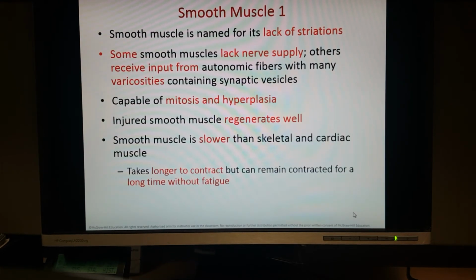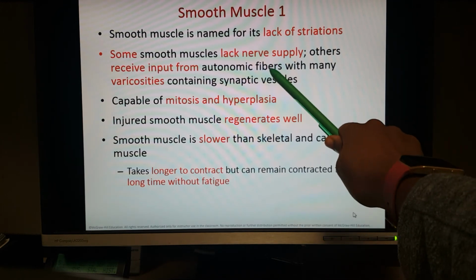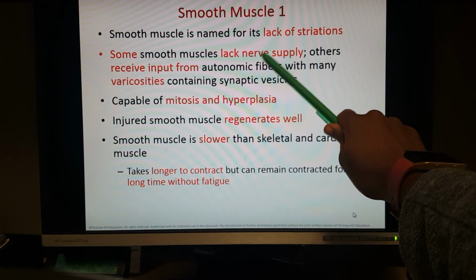For your smooth muscle, it's called smooth because it does not have striations. For your nerve supply for your smooth muscle, instead of there being direct contact between your neuron and your muscle cell, some of your smooth muscle actually lacks a nerve supply.